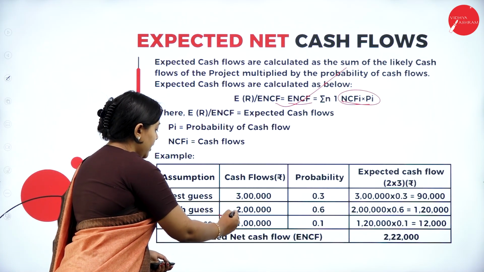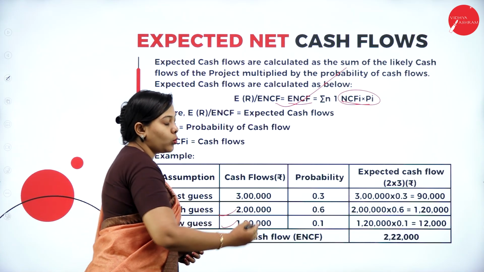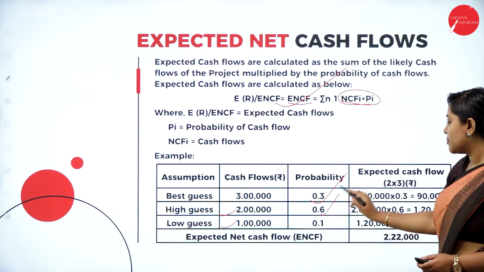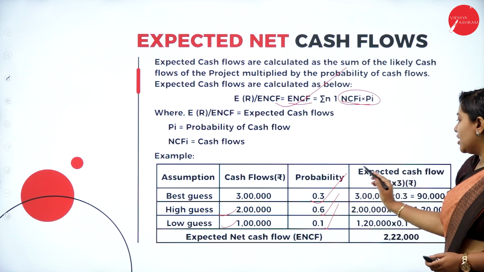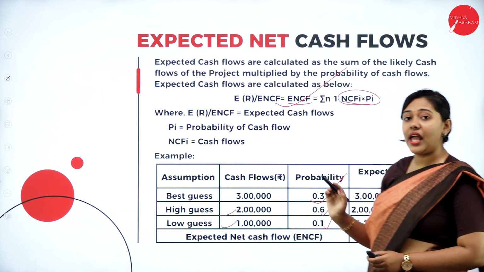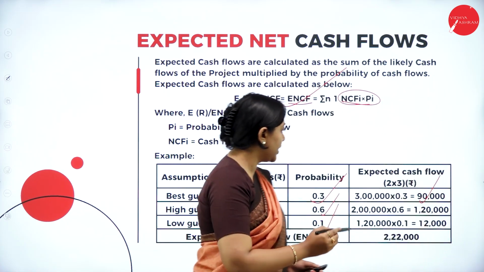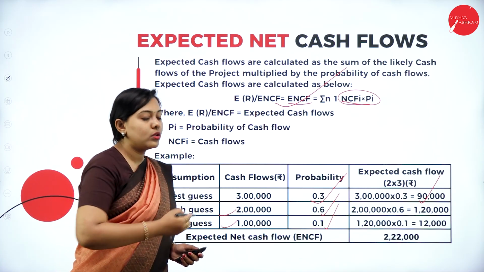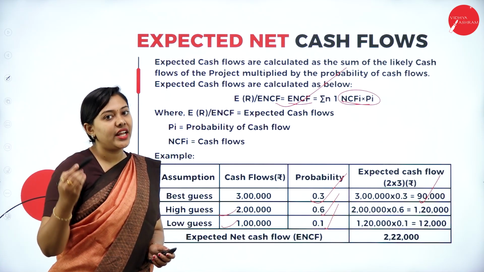Best guess, high guess, low guess: 3 lakh, 2 lakh and 1 lakh. The probability that is assigned is 30%, 60% and 10%. If you multiply, you will get 90,000, 1,20,000 and 10,000. The total of it is expected net cash flow.